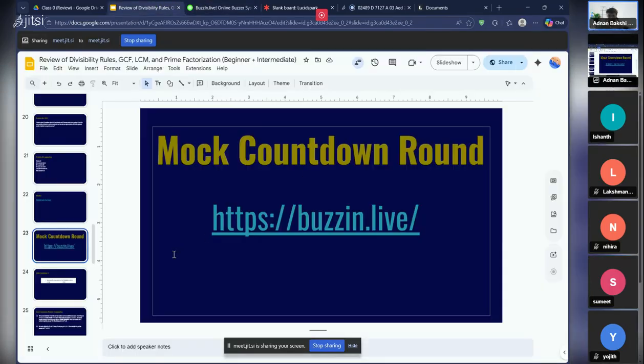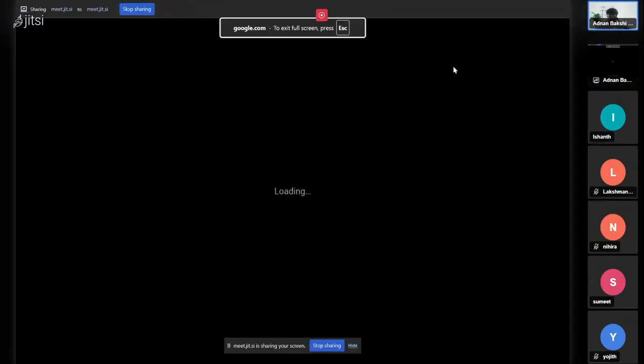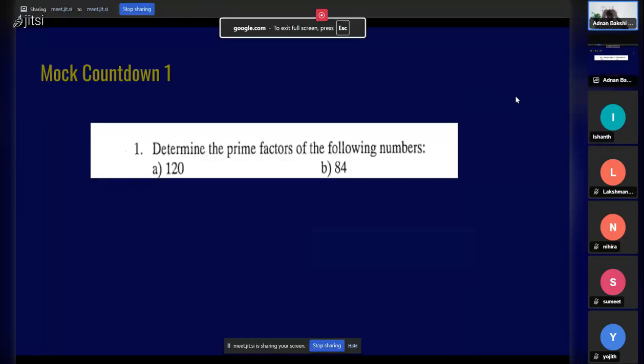Okay, so let's look at this first problem. Determine the prime factors of the following numbers: 120 and 84. Use prime factorization for this. You just have to list all the prime factors, and you don't have to repeat them.